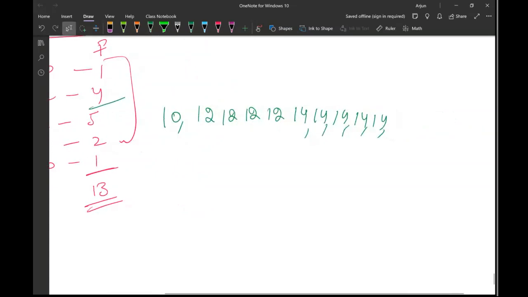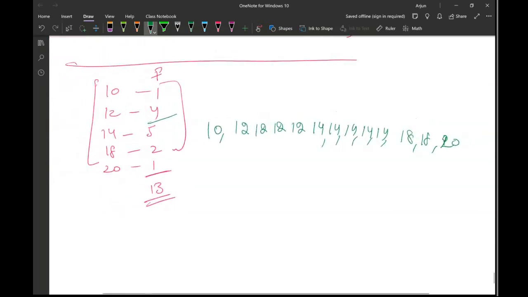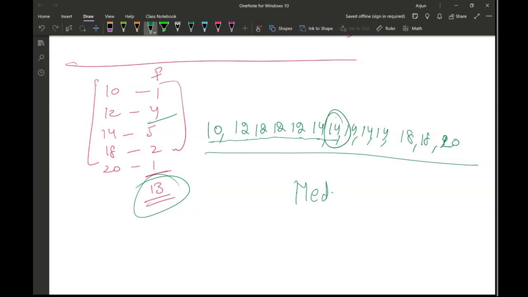And then 18 is repeating itself twice, 18, 18, and then 20 is repeating itself once. What is the middle value in these? So total number of values are 13, I can see here. So the seventh value is the middle value, 1, 2, 3, 4, 5, 6, 7. So the median is 14.